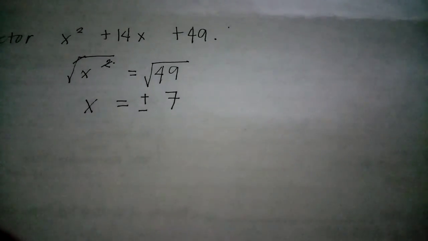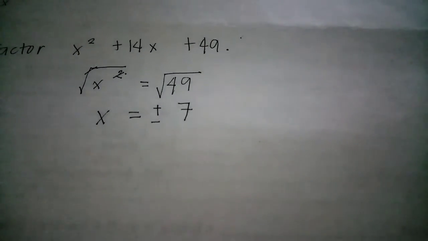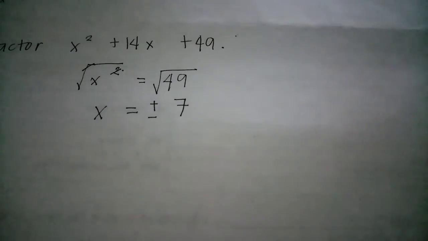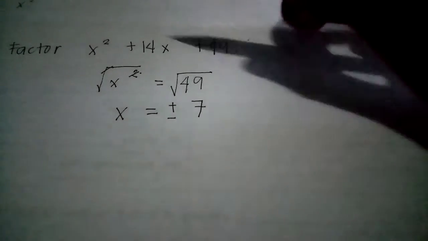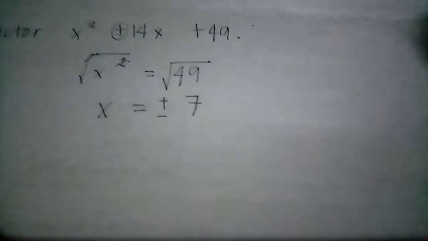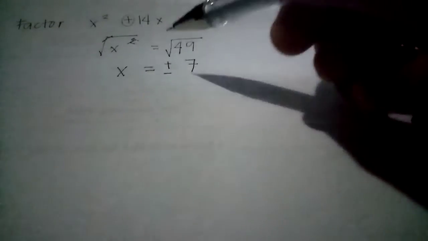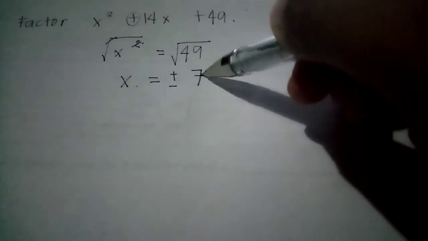Next is use the sign of the middle term of the trinomial between these roots. So, gagamitin natin ang middle term or sign ng middle term, which is positive sa ating factor. So, ang factor natin is x is equal to positive negative 7.